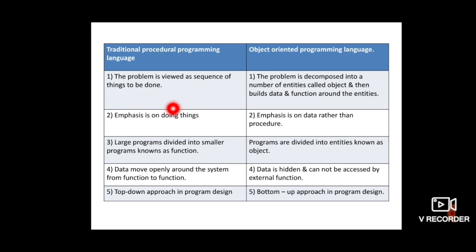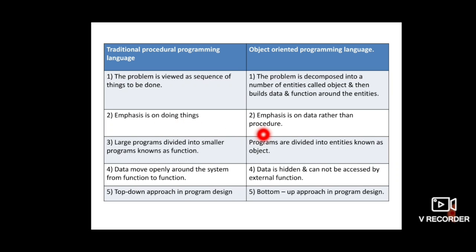See here, first point: in procedural language the problem is viewed as a sequence of things to be done. In object oriented programming language, the problem is decomposed into a number of entities called objects, and then builds data and function around the entities. Understood? Just now we saw what an object is, what data is, and what a function is. In procedural language, things are declared sequentially, and emphasis is on doing things.